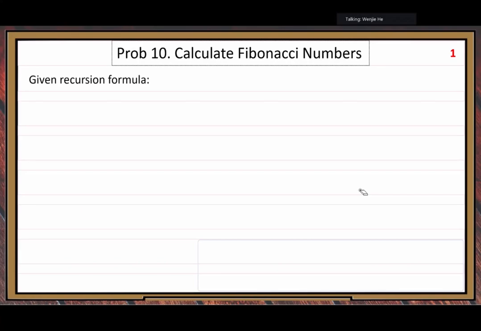So we give a recursion formula, but we need two base numbers. F0 equals 0, F1 equals 1. Very simple base numbers. Then our recursion formula is also very simple. The nth Fibonacci number, Fn, equals Fn minus 1 plus Fn minus 2.